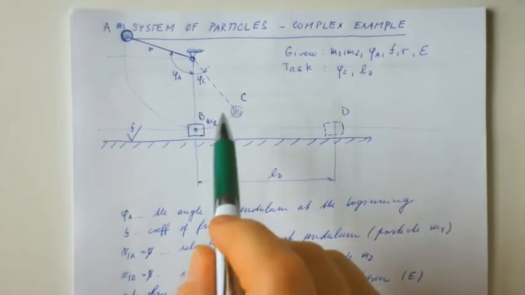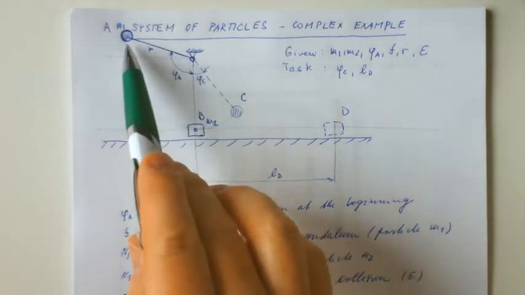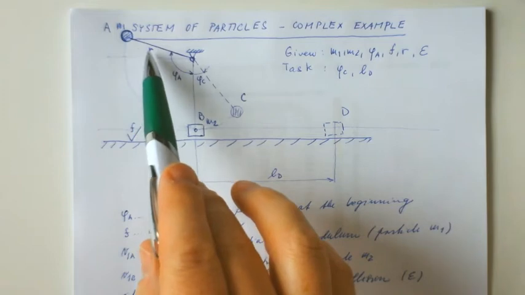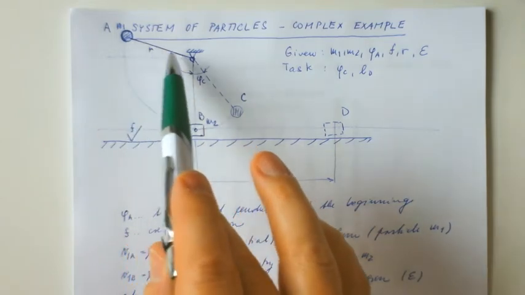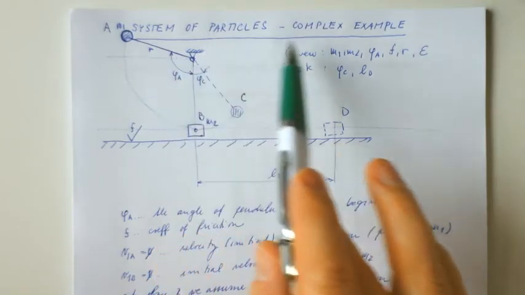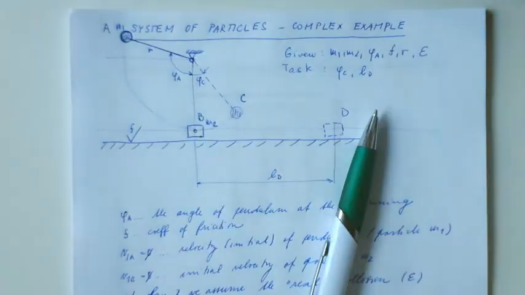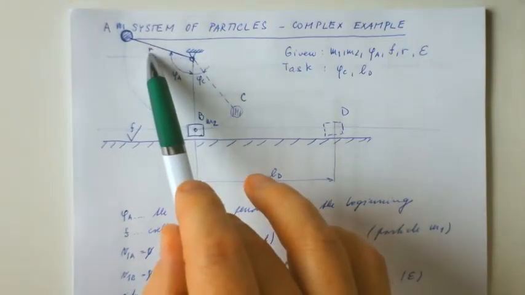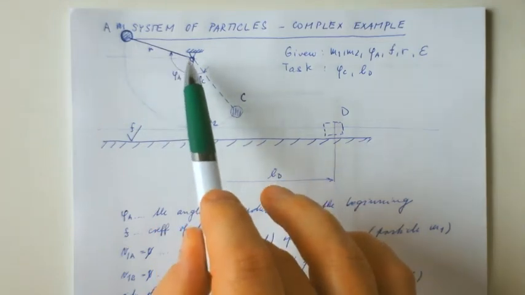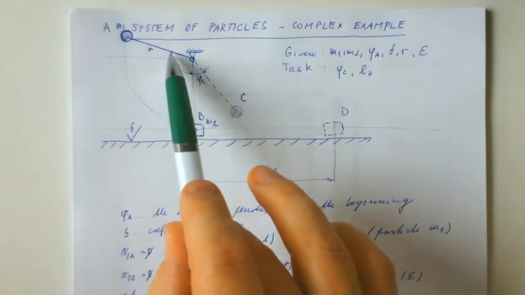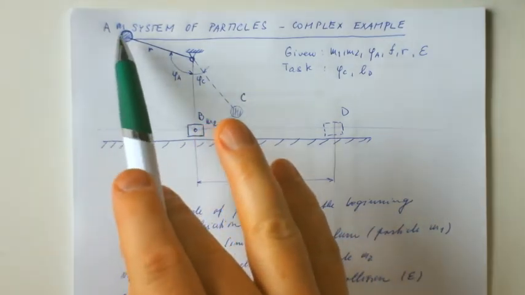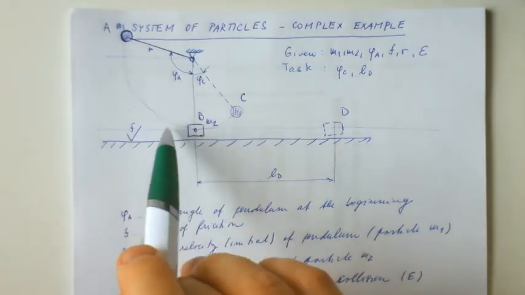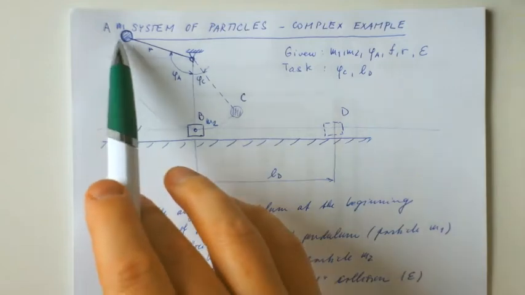What is given? At the beginning of the process, particle 1 is a part of the mathematical pendulum with diameter r, and it is waiting at the beginning of the process elevated under angle phi at position A, and simultaneously particle m2 is waiting for impact, or collision, with the pendulum.